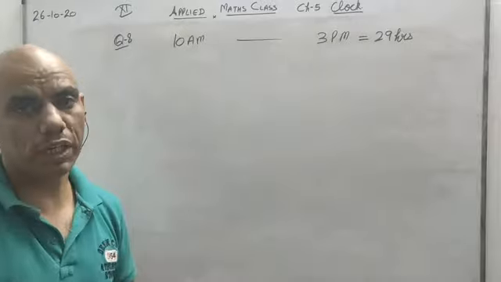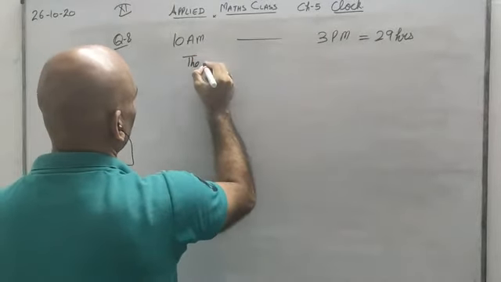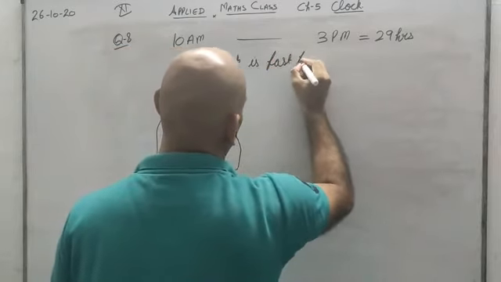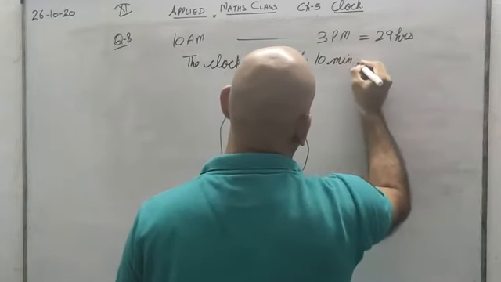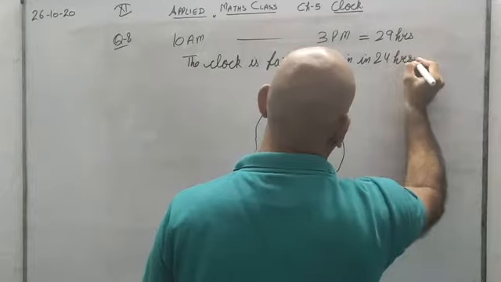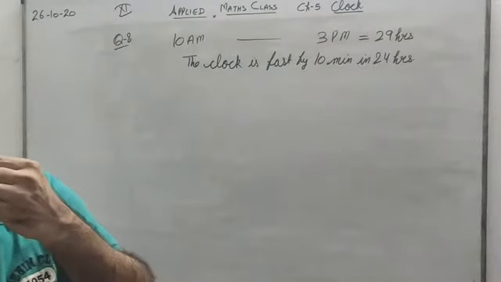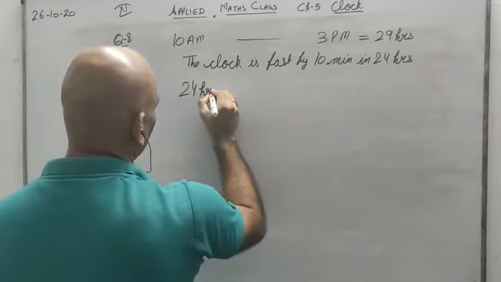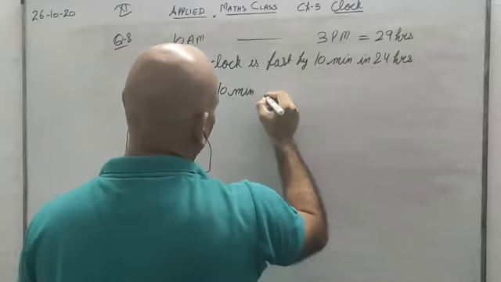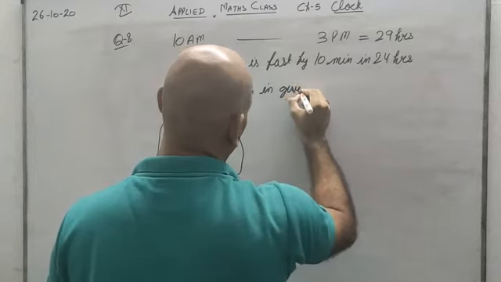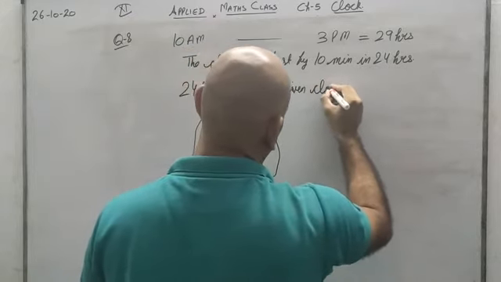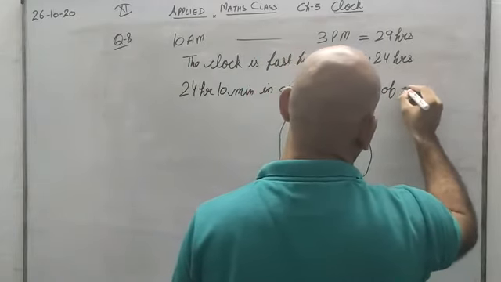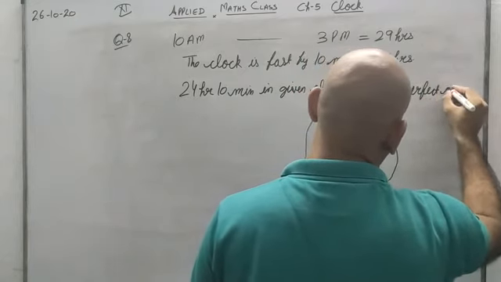Time difference is 29 hours, and the clock is fast by 10 minutes in 24 hours. 24 hours में वो 10 मिनट फास्ट हो जाती है. तो exactly what happens? 24 hour 10 minute in given clock is equals to 24 hour of perfect clock.